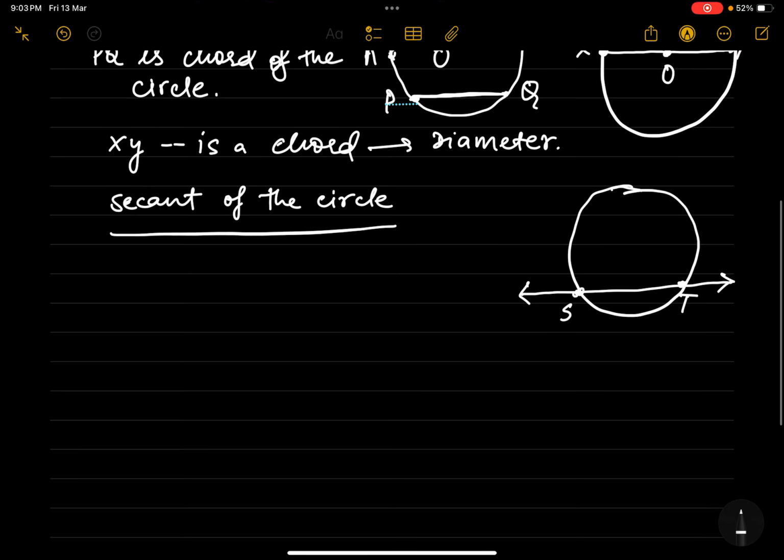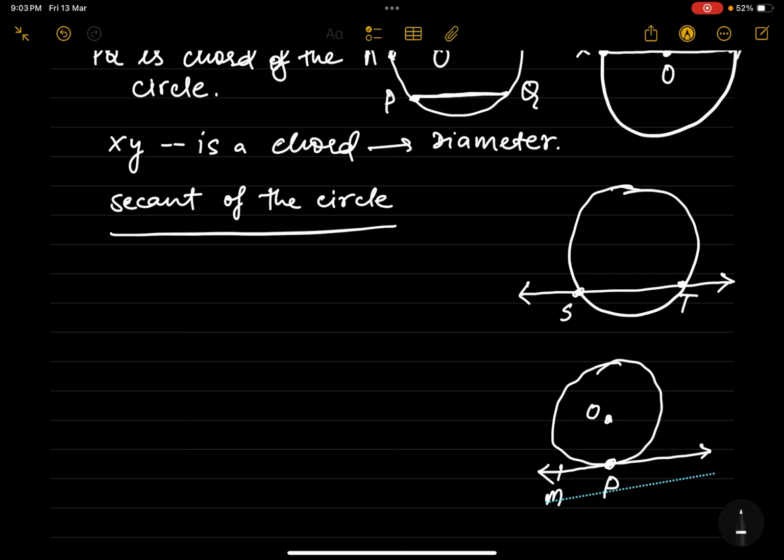Again I am going to define some more terms. So this is a circle, and we draw a line which passes through only one point of the circle. Suppose this is a point P, and this is O. Suppose this line is M. So M touches the circle at a point.